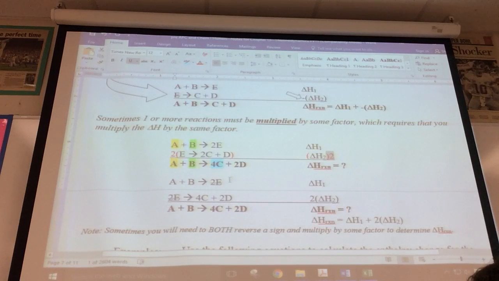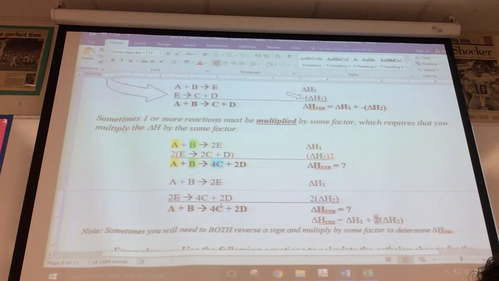Now the 2E's cancel. A drops down, B, 4C, 2D. Hess's law says that delta H for the reaction is the sum of those two, and I, of course, multiplied that by 2 so that I had the correct number of products and that my intermediate canceled.